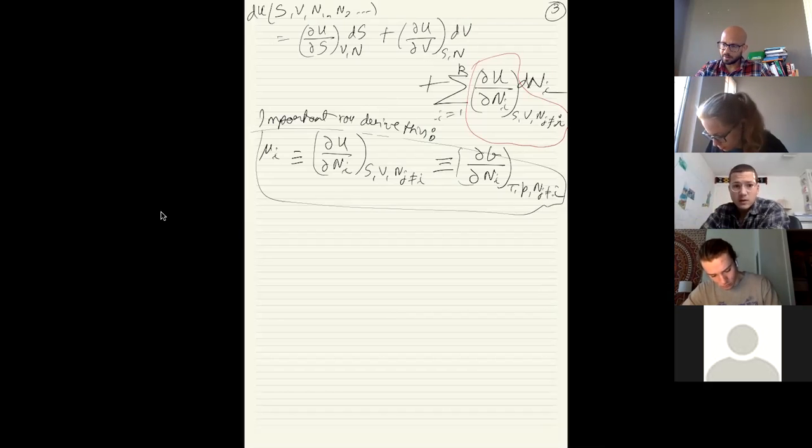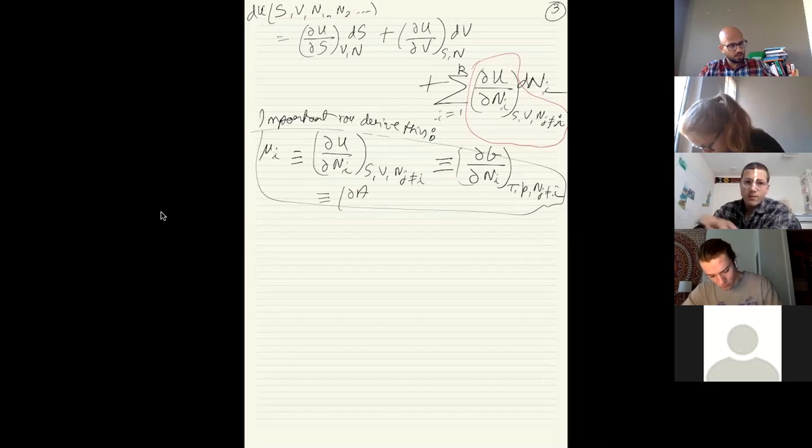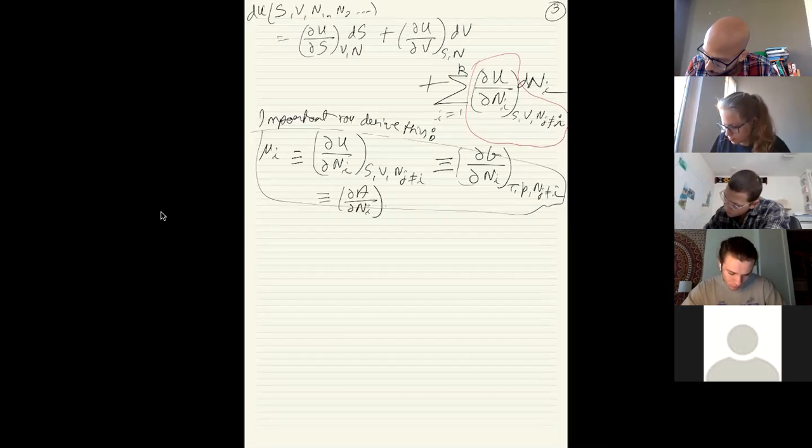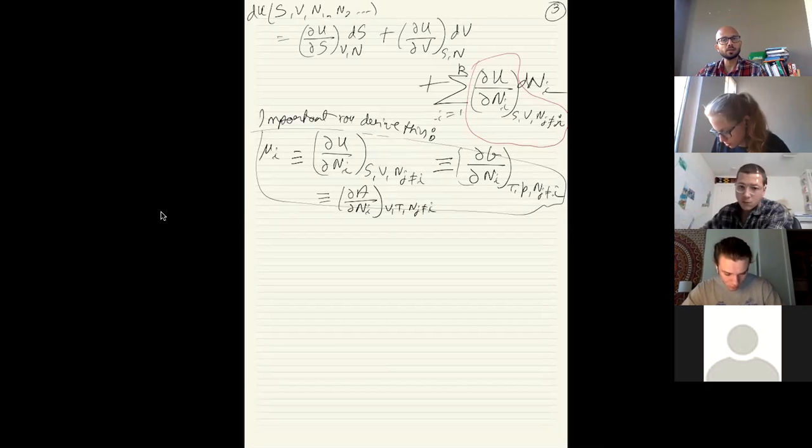And similarly, you can write down something in terms of A, and just to not make a mistake here, for A, it will be partial A by partial Ni at volume and temperature and Nj not equal to i, and you can write it down for enthalpy. So that's our chemical potential.